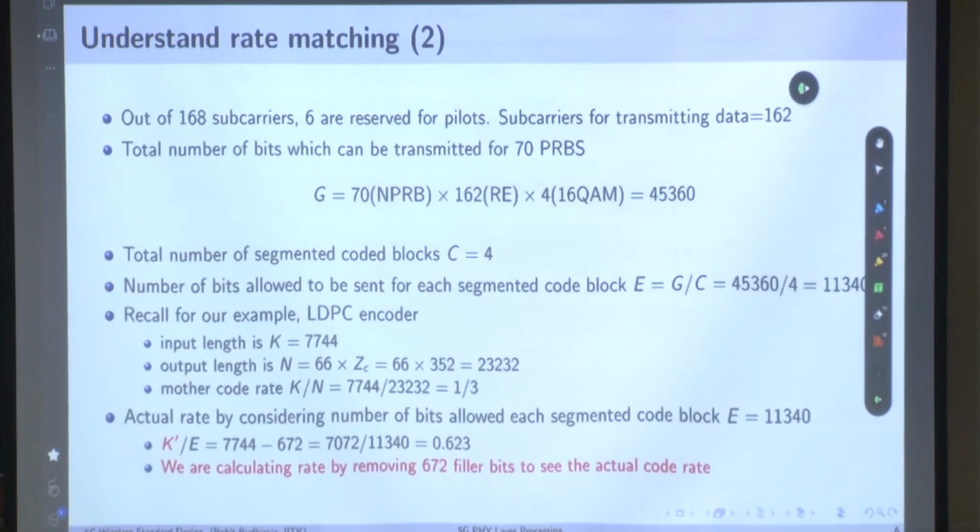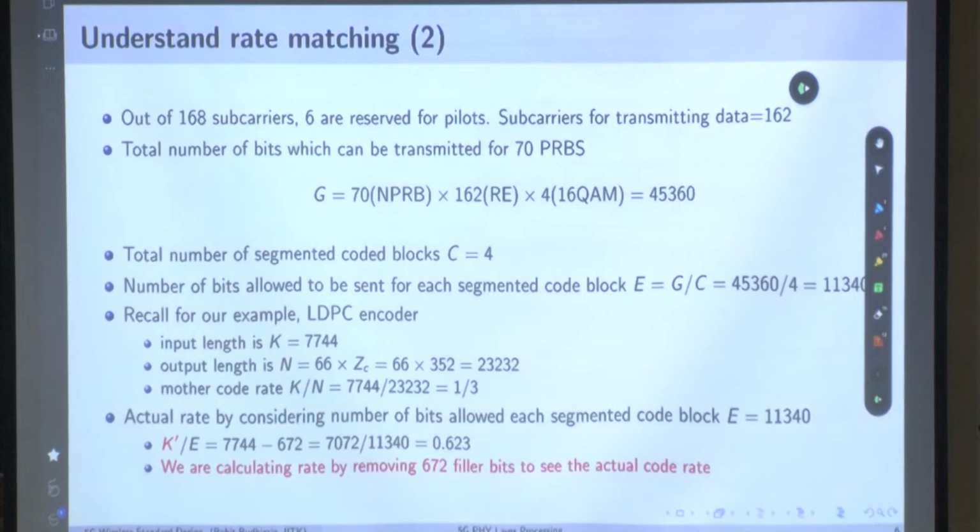To summarize why rate matching is used: the LDPC encoder is generating at the mother code rate of 1/3, which is not the same as the one asked by the user. The user can ask for a code rate higher than 1 by 3 or lower than 1 by 3. In the example we are taking, the user has asked for a code rate higher than 1 by 3.